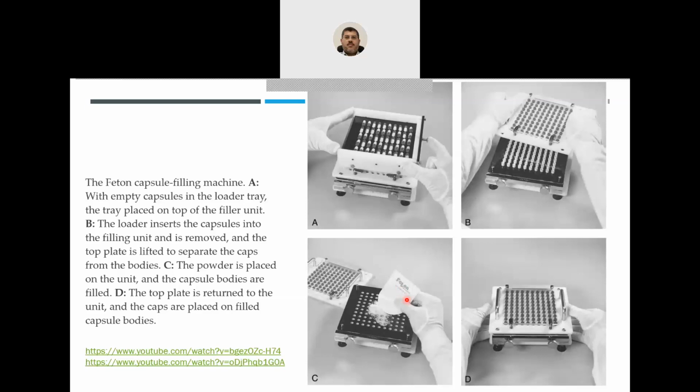Once all of them are full, you can use some knocking to pack the capsules. You can add more powder to be sure that they are completely packed, and after this, the last part is the closure. Okay, then you get your capsules ready. You can collect them and dispense.